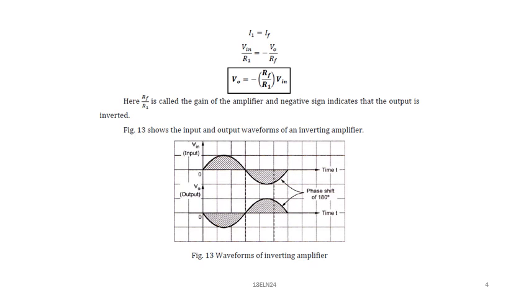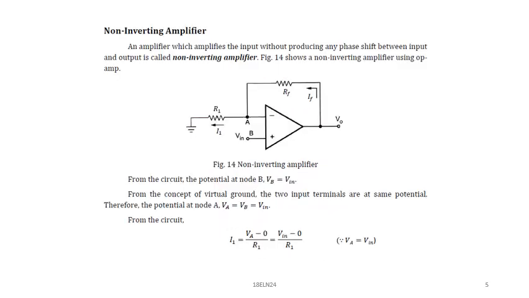So if RF and R1 are equal, then V0 is equal to minus Vin. So there is no change with respect to the amplification factor. The amplification factor is 1 here. Only the output and input are inverted. That's about the inverting amplifier. The next circuit we will discuss is the non-inverting amplifier.